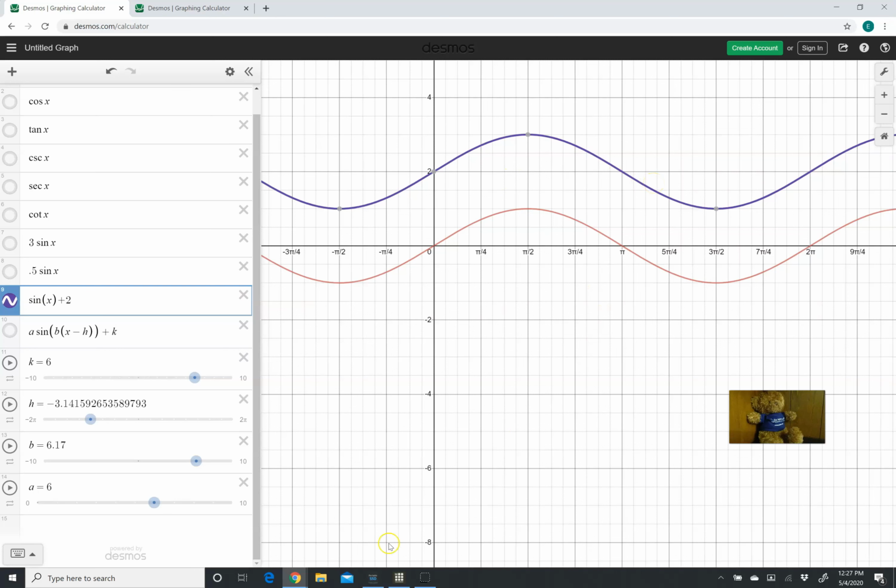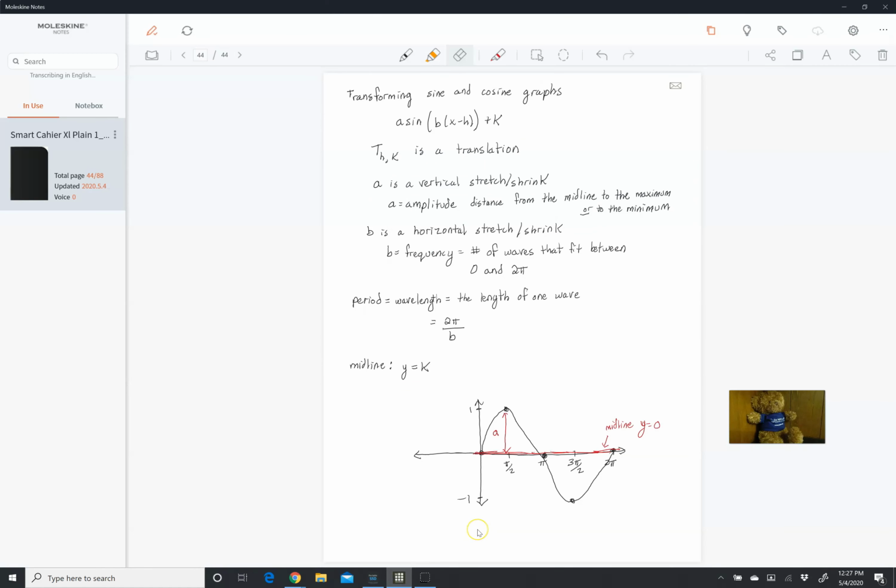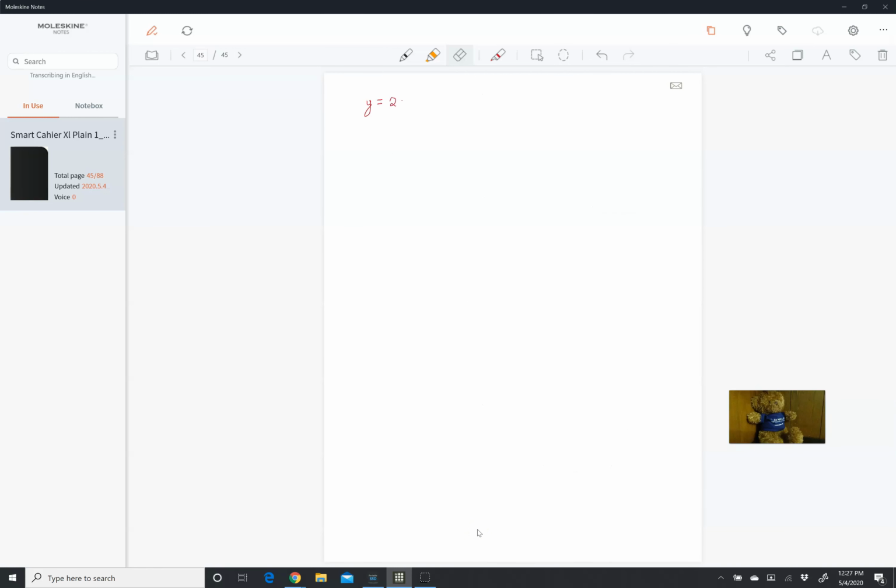Okay, so let's just take a couple of examples and identify. Let's say that we had y equals 2 sine of 4x, okay? The amplitude here is 2. The frequency is equal to 4, and the period, which is what you would usually identify, is 2 pi divided by 4.